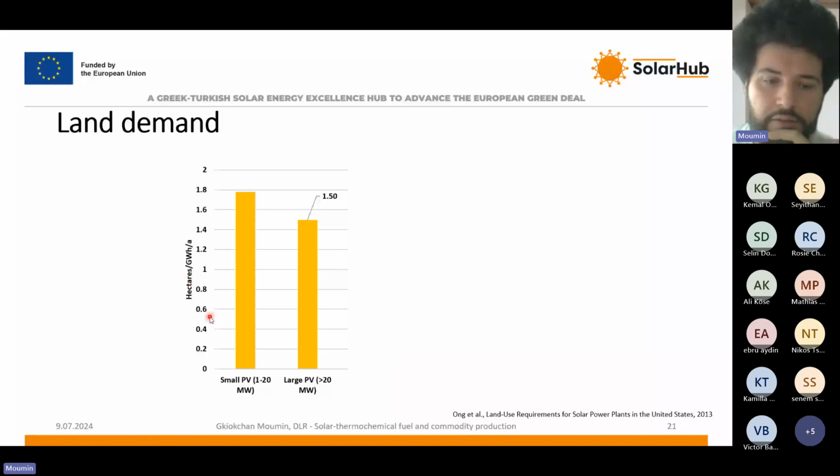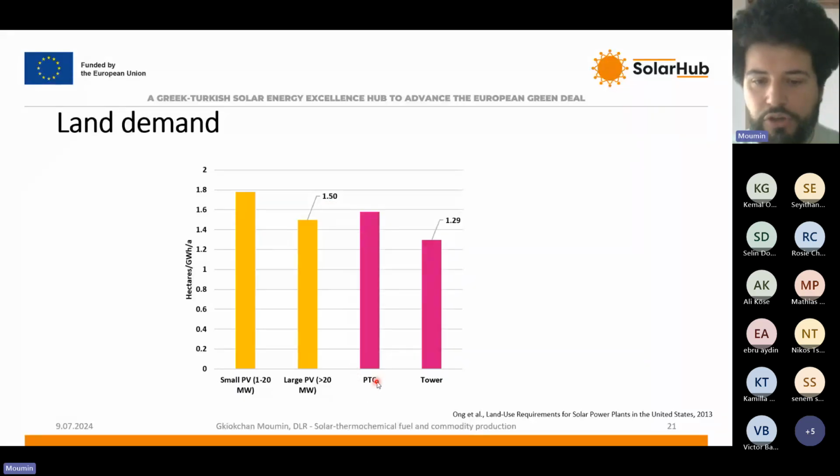If you look at the land demand for PV installations, in hectares per gigawatt hour per year, we can see that large PV installations require about 1.5 hectares. For CSP, parabolic trough or towers, this number is either similar or a bit lower. And you know what will come now?